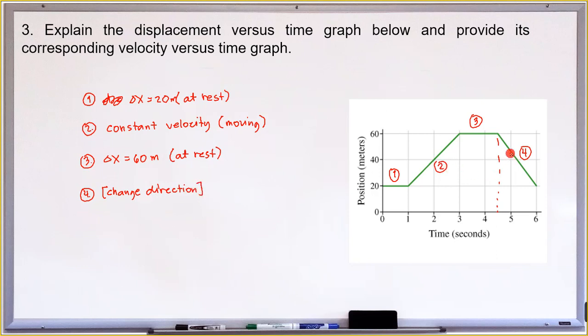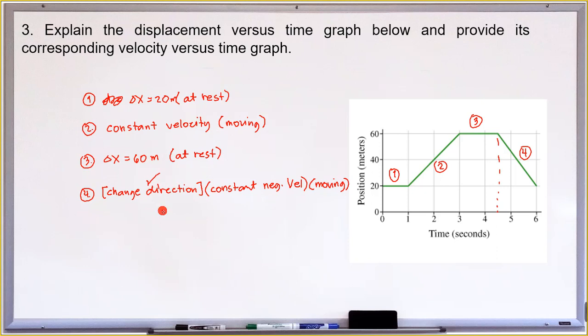Unya other interpretation ani, the slope of line 4 is negative, therefore we have constant negative velocity. Moving gihapon siya. Again, when we have a negative velocity, indication ana nga ni change ka og direction. Ni balik ka sa imong gikanan.